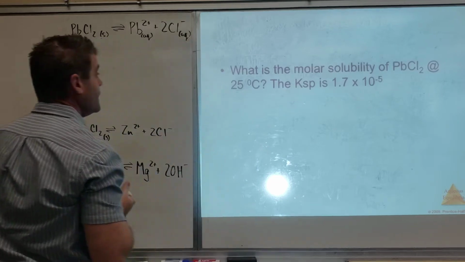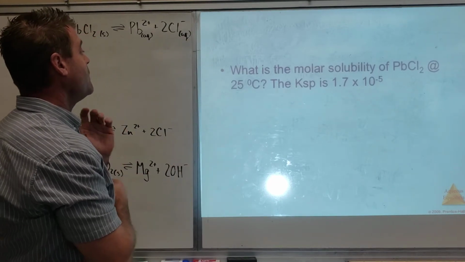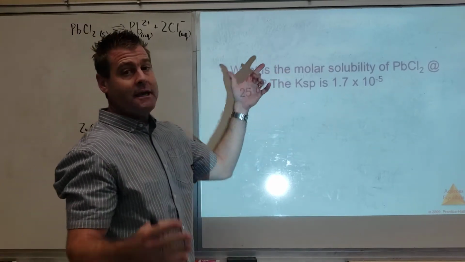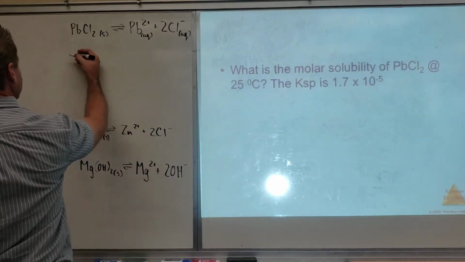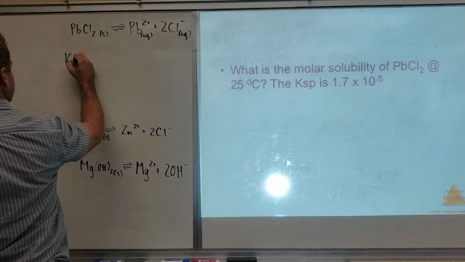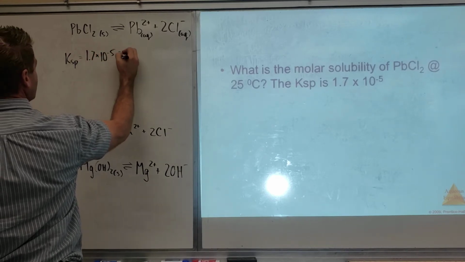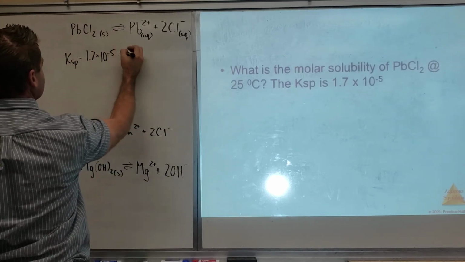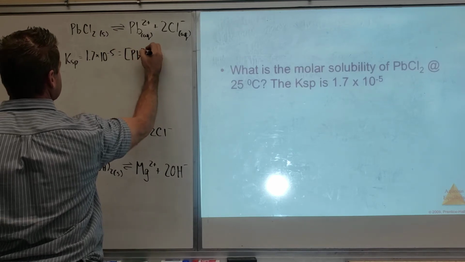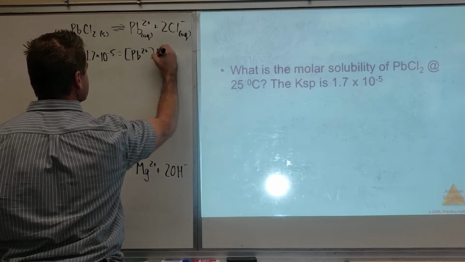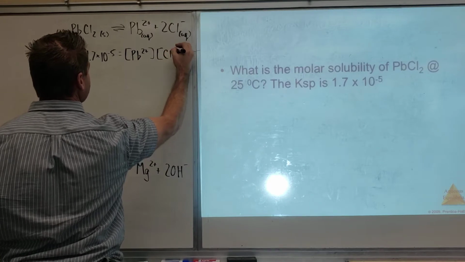So then, if we have the Ksp, we might as well set up the equilibrium expression. I got Ksp is equal to 1.7 times 10 to the negative 5. You guys agree it's equal to the concentration of my lead ions times the concentration of my chloride ions. But what do I have to do?